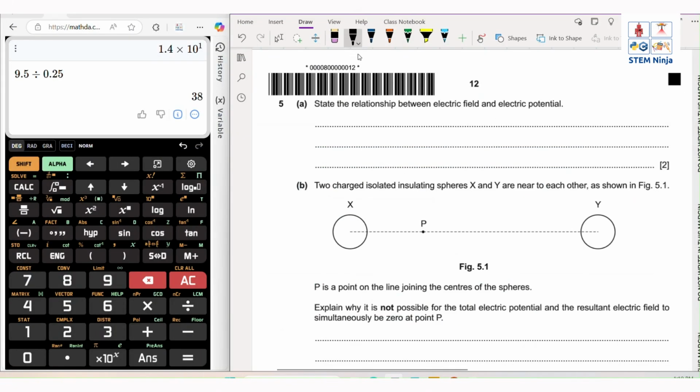Simple. So electric field is the negative gradient of electric potential.